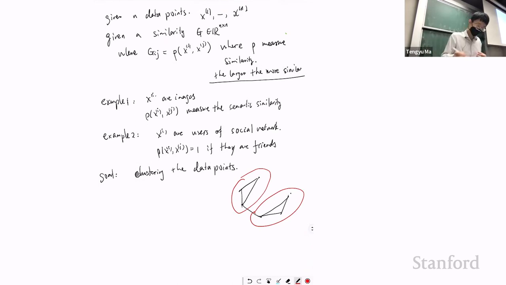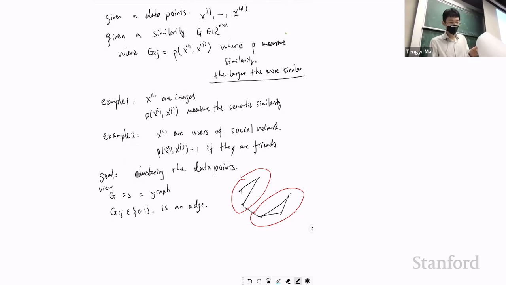In this case, for example 2, you can think of G as a graph. Even in the general case, you can view G as a graph, but it will be a weighted graph. Here, in this social network case, G is binary because Gij is binary, so you can view G as a graph, and Gij is an edge.